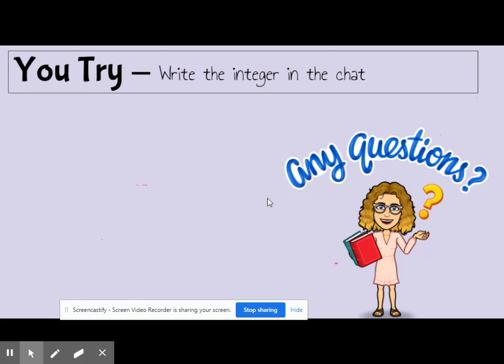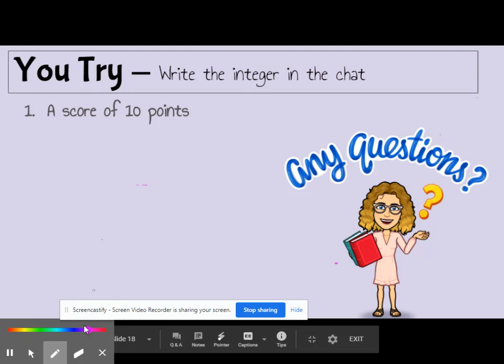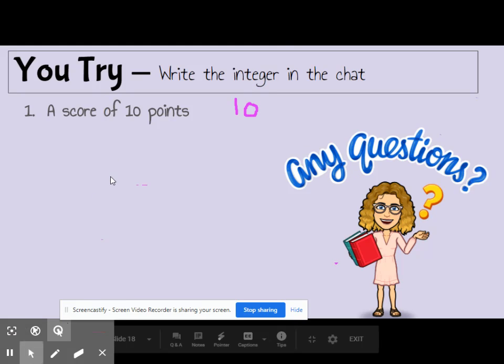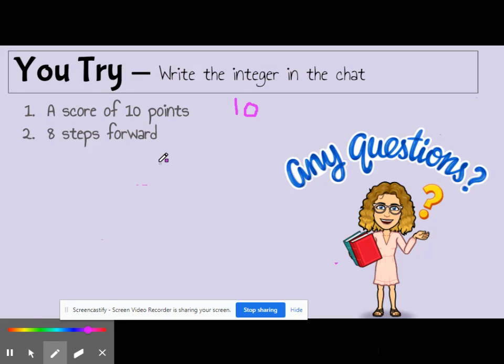So you guys are going to try this. If you have a score of 10 points, do you think that's positive or negative? If you score the points, you're adding points, so it's positive. 8 steps forward. If you're moving forward, that's positive. You're not going backwards. Backwards is negative.